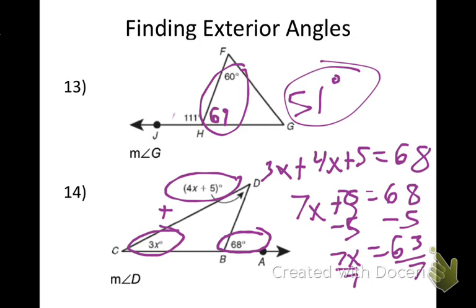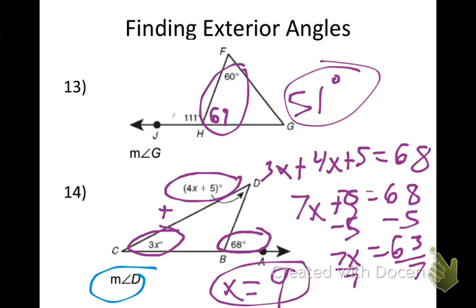Divide by 7. I get x to be what, Nick? 9. Now, what's it saying I need to plug that back in for? What am I trying to solve for, Nick? D. So I'm going to plug this back in for D up there. 4 times 9 is what, Troy? Plus 5. That angle is 41 degrees.